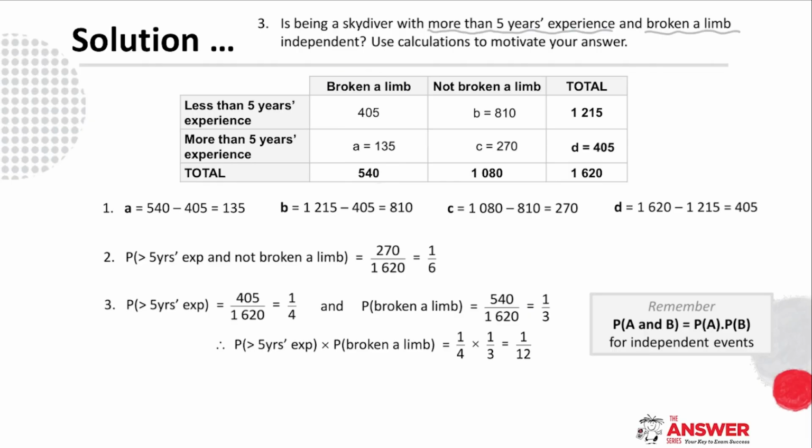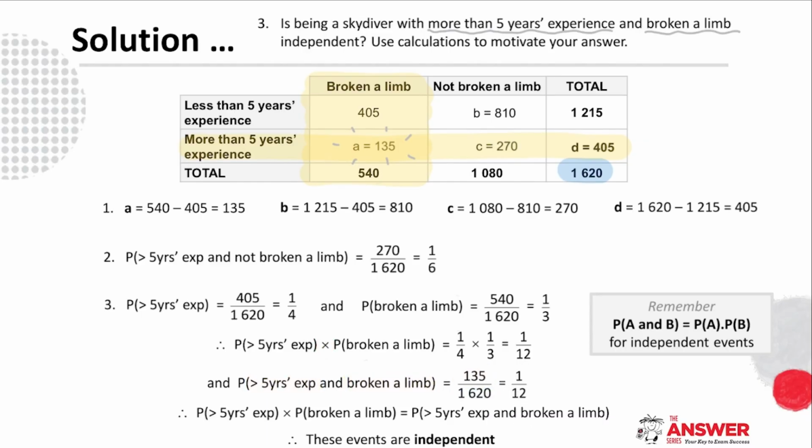We then find the product of these probabilities, which is a twelfth, and then separately we find the probability of more than 5 years' experience and a broken limb, which is 135 over 1,620, and this simplifies to a twelfth, which means these events are independent because these two are equal.